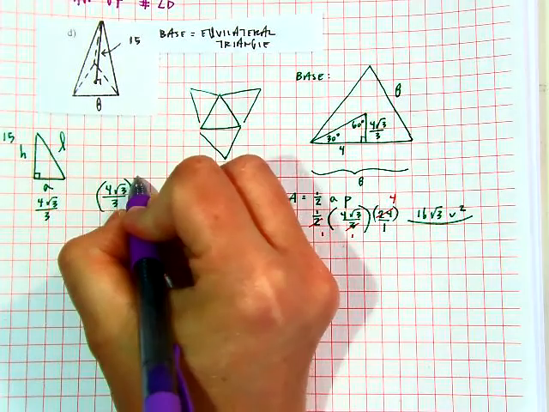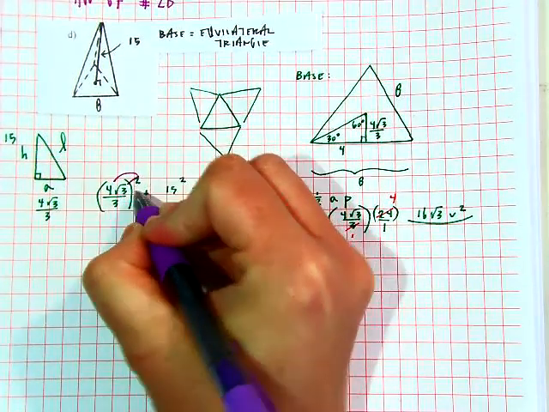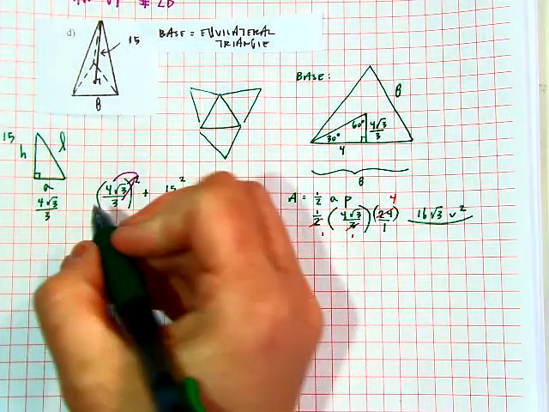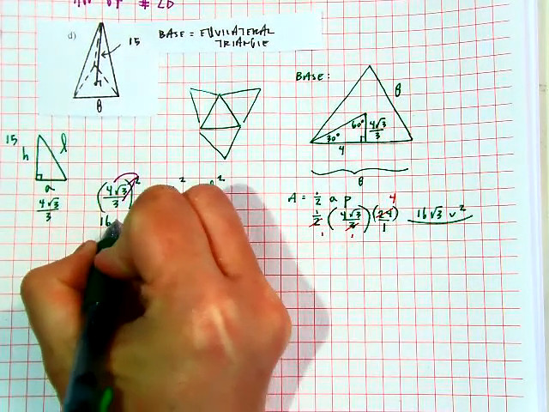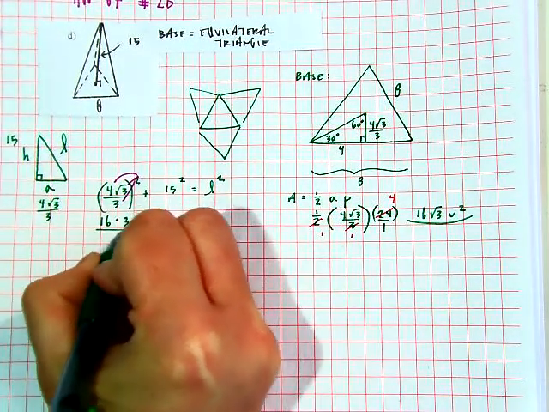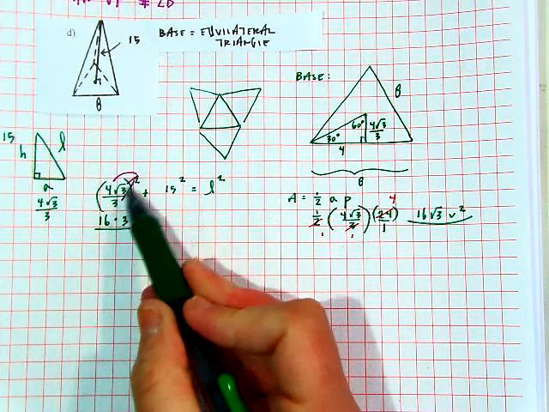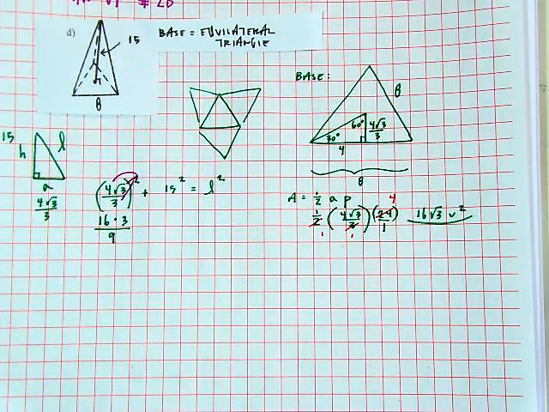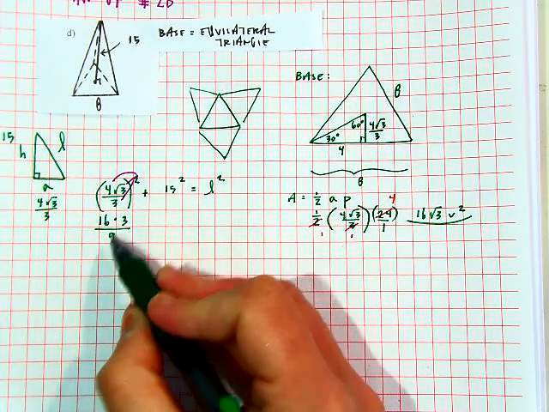So that exponent of 2 applies to the 4, to that square root of 3, and that 3 right here. So 4 squared is 16. The square root of 3 squared is just 3. And on the bottom, 3 squared is 9. So right now, that's what it looks like, but I can simplify this further too. This 3 and this 9 can go 1 and 3.